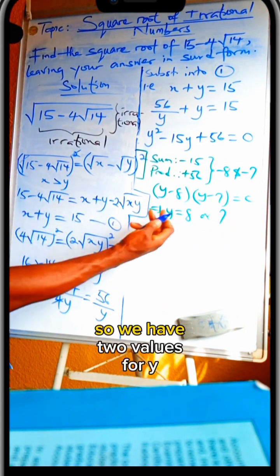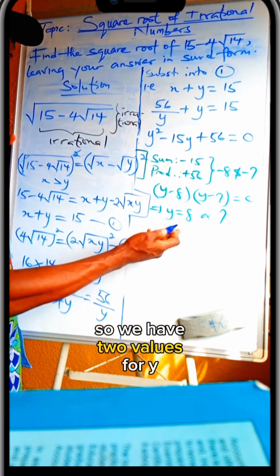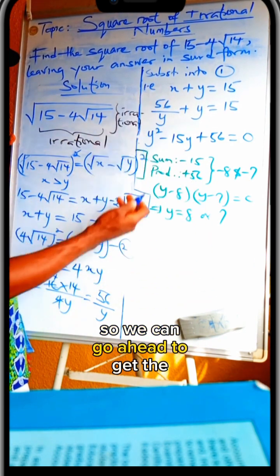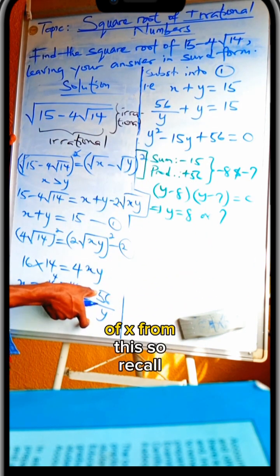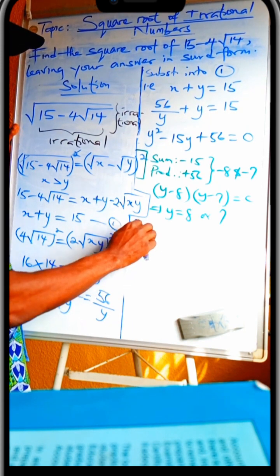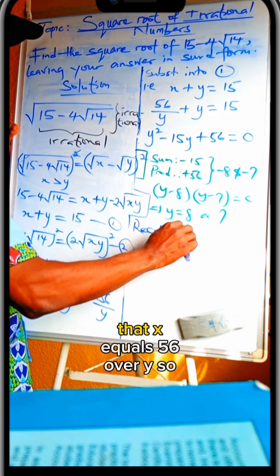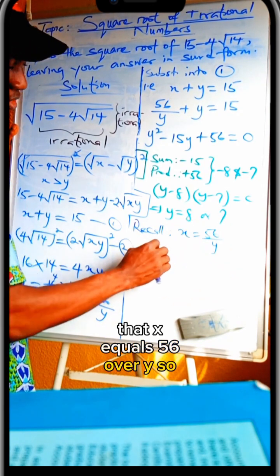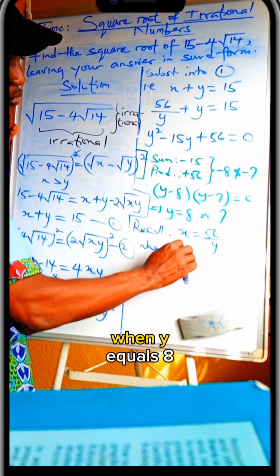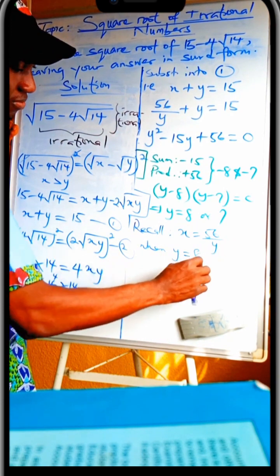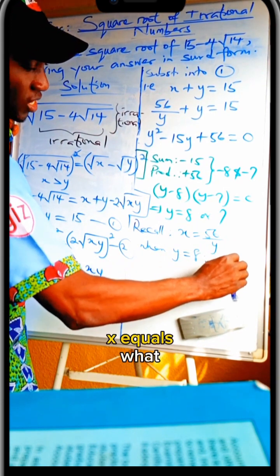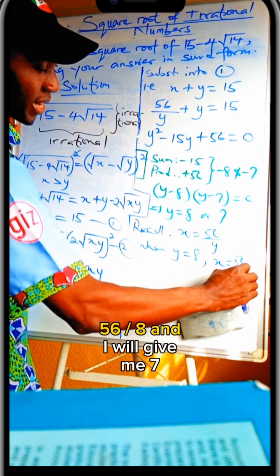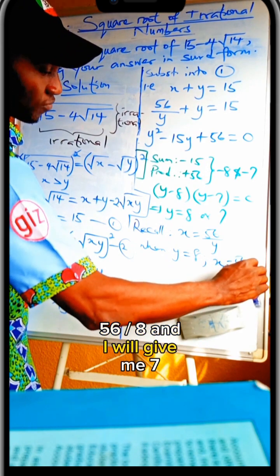So we have two values for y, so we can go ahead to get the value of x from this. So recall that x equals 56 over y. So when y equals 8, x equals what? 56 divided by 8, and that will give me 7.